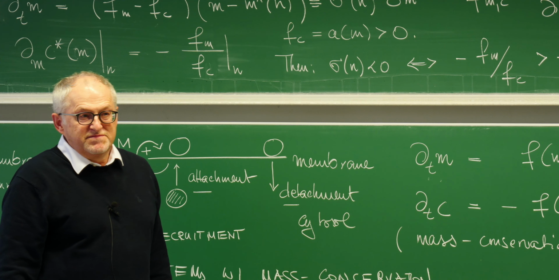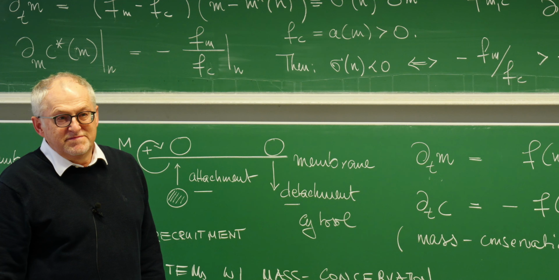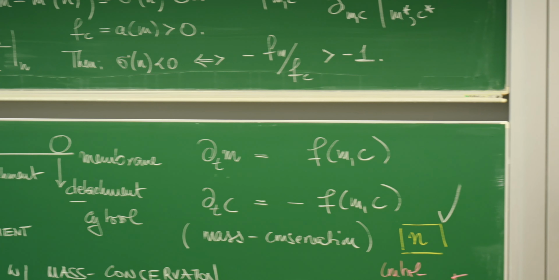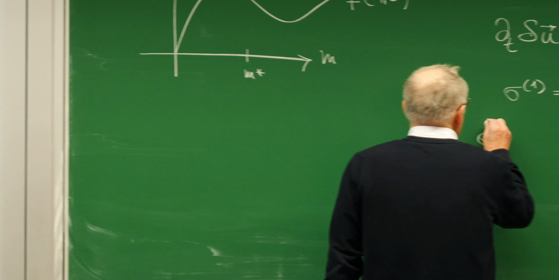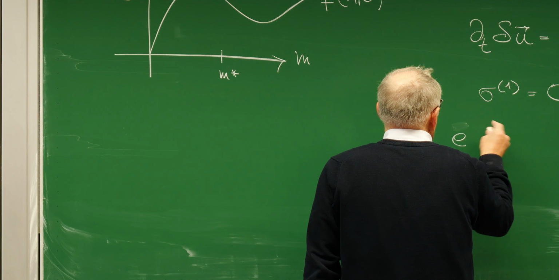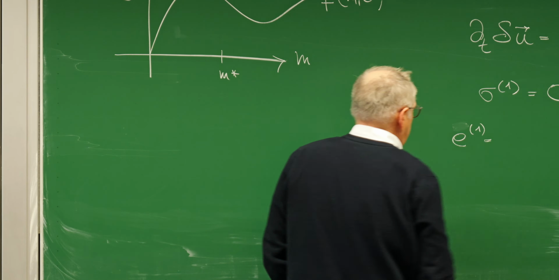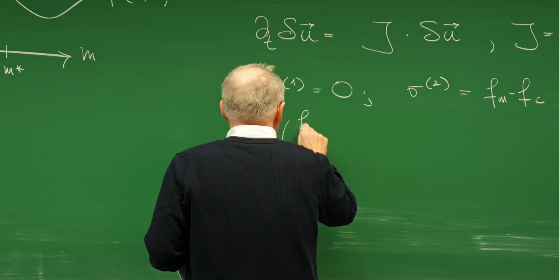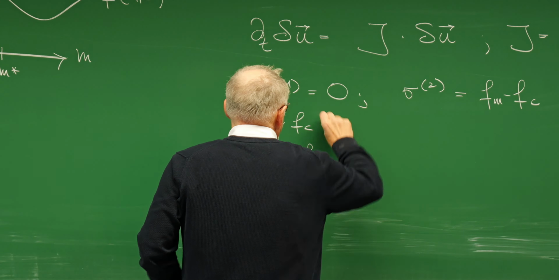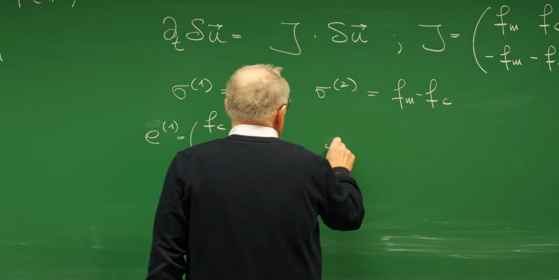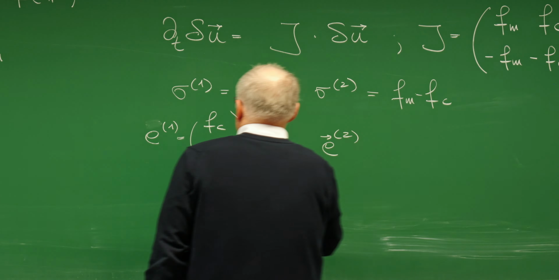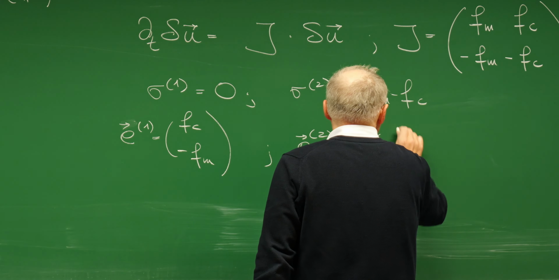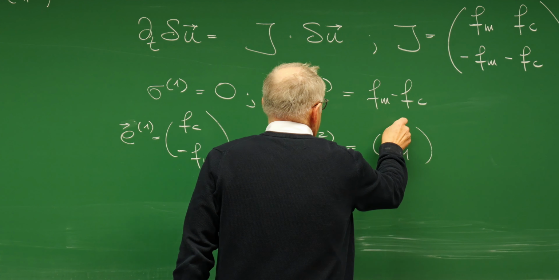What's the 0? I'll show you the eigenvectors that correspond, not normalized necessarily. So the eigenvectors that we have is Fc minus Fm. And the second eigenvector that we have here is 1 minus 1.